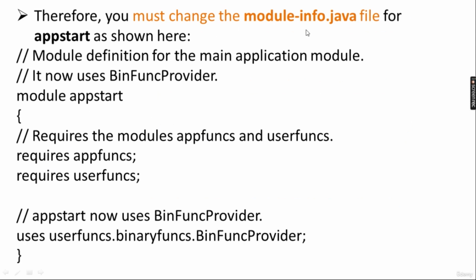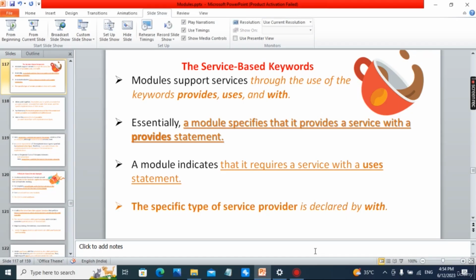Module-info.java for abstract. Module definition for main application module, public static void main. It now uses binary function provider. Module abstract requires app functions, requires user functions, and now uses user functions dot binary functions provider. Okay. So this way we have completed some theory concepts related to our chapter, module.